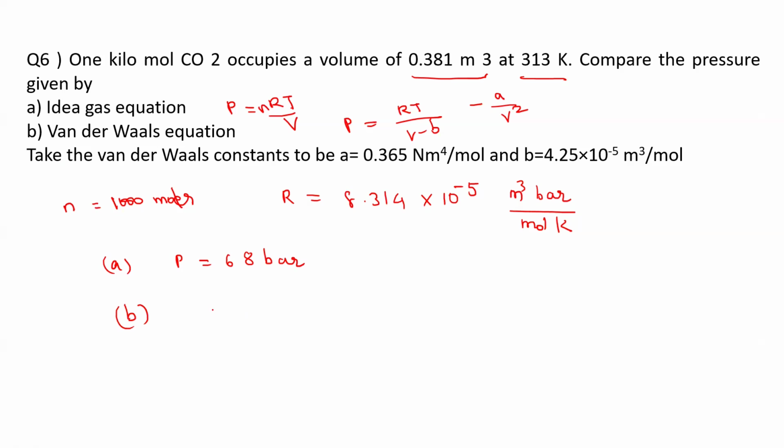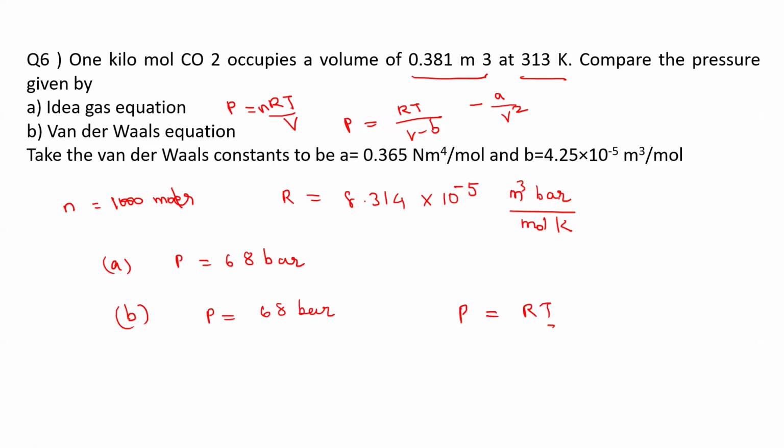So actually, this is also giving you 68 bar. Okay. One thing to be noticed here is P is equal to RT by V minus B. I have that. Okay. Here R, I am taking in bar.